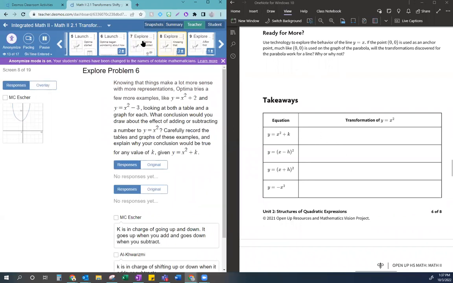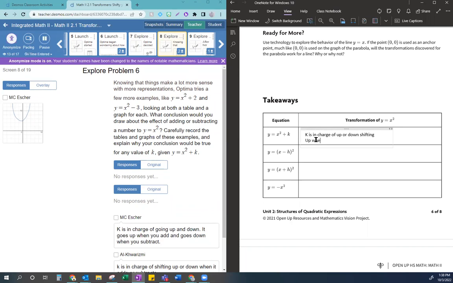So K is looking at slides 7 and 8. What was K in charge of? What did you guys say K was in charge of? Oh, that's right. Someone said up and down movement. So K is in charge of up or down shifting.